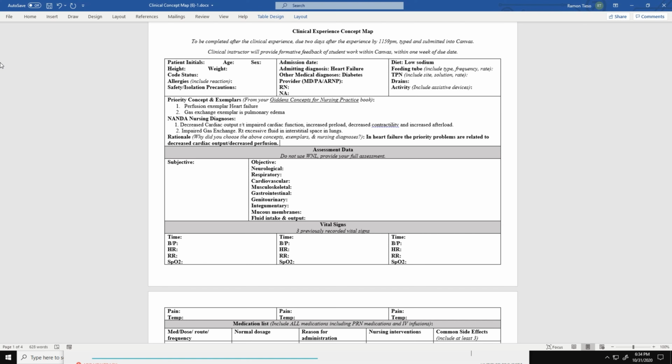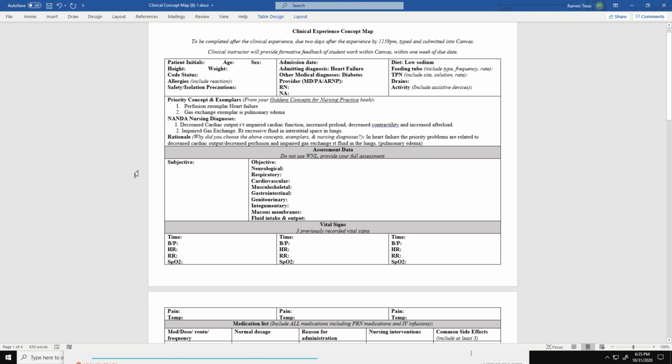Those two kind of go together. Impaired gas exchange related to fluid in the lungs. And just go ahead and put here pulmonary edema. Maybe it looks better not bolded. I don't know. I guess you could leave it bolded if you want. It's not a big deal.